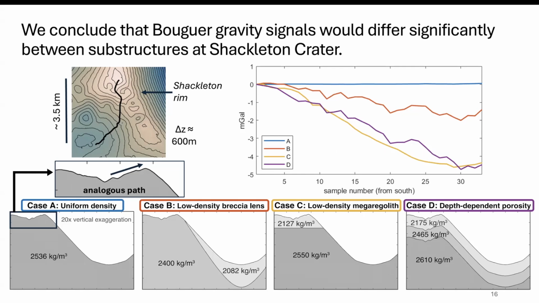C and D are pretty similar, but a lot of areas in that traverse have about a milligal of difference. And most commercial gravimeters on the market have a microgal precision. So those are very easily resolvable, even with potentially lower resolution on the moon with a more robust instrument, perhaps. So we can actually resolve some of these differences between these subsurface structures.